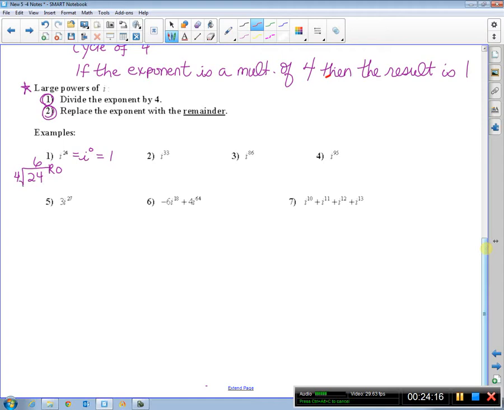Let's keep going with this dividing by 4 method. 33 divided by 4. 4 goes in 8 times, and 8 times 4 is 32, so the remainder is 1. If the remainder is 1, then this is the same as i to the 1, or i.